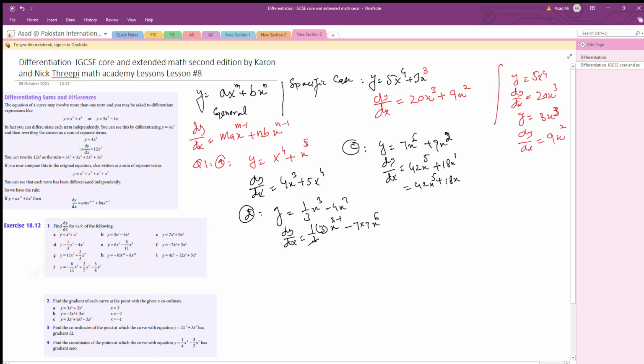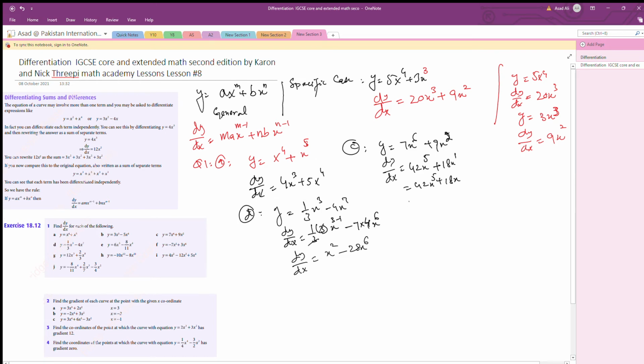This 3 is gone with that 3. So dy dx finally is x power 2 minus 28x power 6, 4 sevens are 28. That's the result.